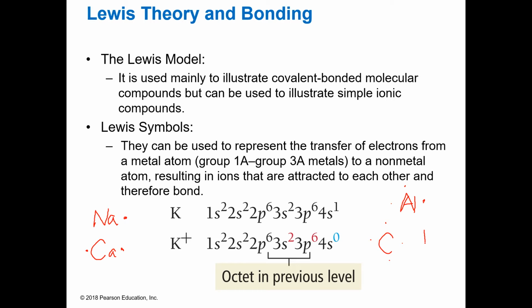Group 5, where you find nitrogen, has 5 valence electrons. Group 6, where you find oxygen, has 6 valence electrons. And group 7, where you find your halogens, has 7 valence electrons. So fluorine, chlorine, etc.